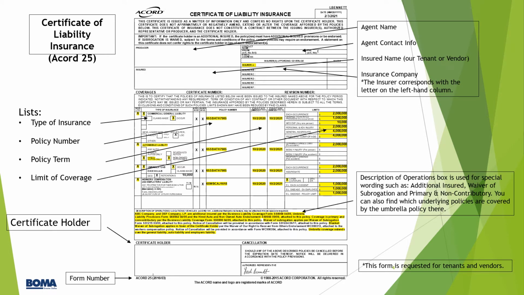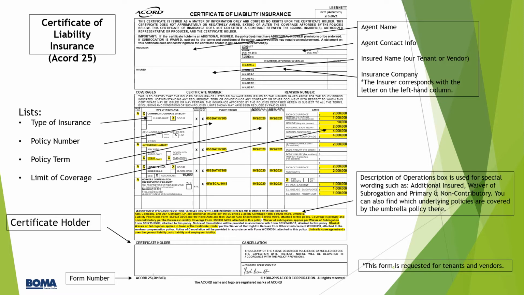Now we have some different types of commonly used forms that we're going to talk about next. The first one that we're looking at is a certificate of liability. It's also called an ACORD Form 25. What we really want you to be familiar with here is all the valuable information that's on this one form.